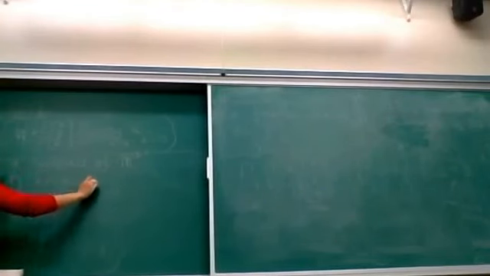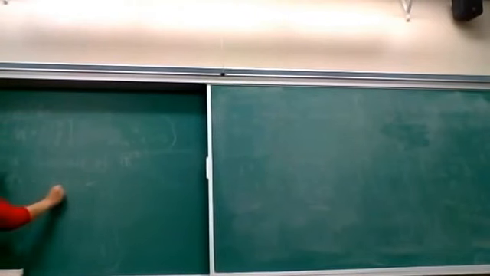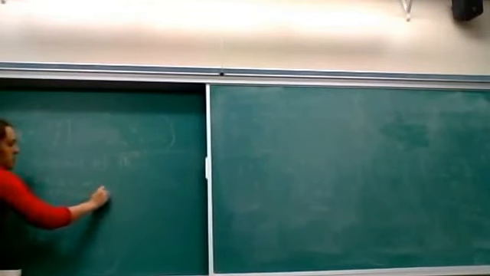To prove that something is a subspace, we have to check if all three of these conditions are satisfied. First condition: is the zero vector contained in W? Yes. 2 times 0 equals 3 times 0, and 0 plus 0 plus 0 indeed equals 0. So the first condition is satisfied.